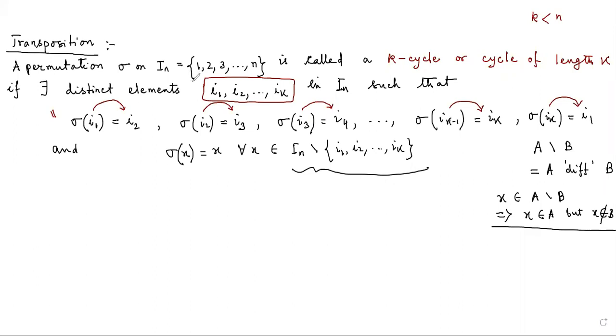This cycle can come in a haphazard manner, not in a sequential manner. Like if these 50 elements which form a cycle are the first 50 natural numbers, out of the first 100 natural numbers, it doesn't mean that 1 will go to 2 and 2 will go to 3 and 3 will go to 4.